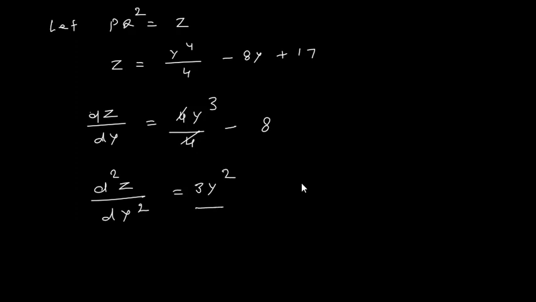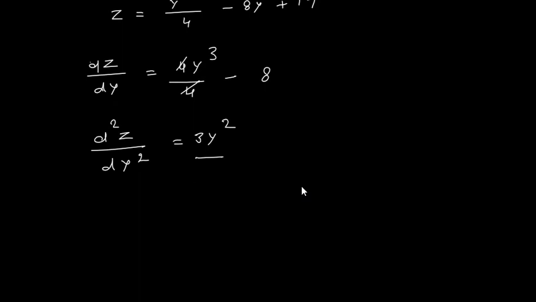This is second derivative. Now for maxima or minima, what is the condition for maxima or minima? The condition for maxima or minima is that dz upon dy should be equal to 0.